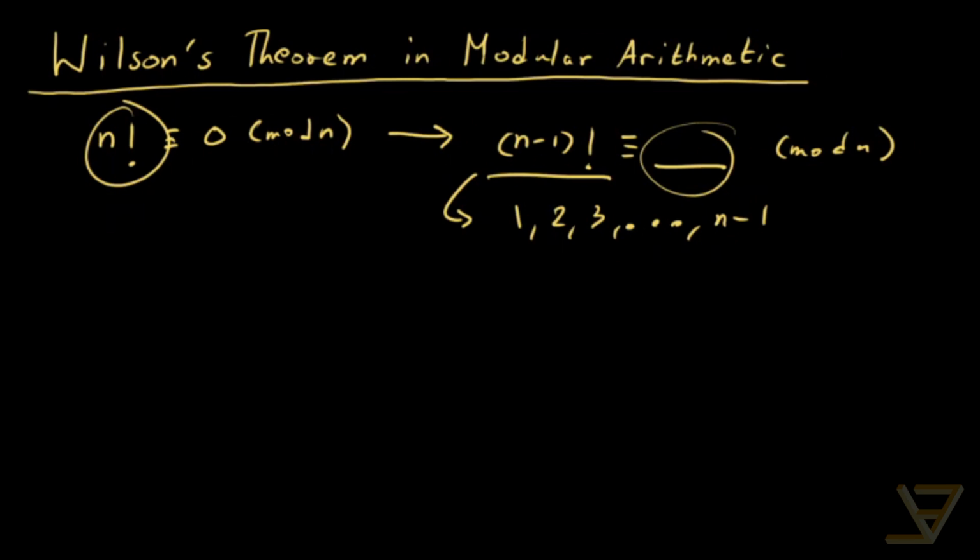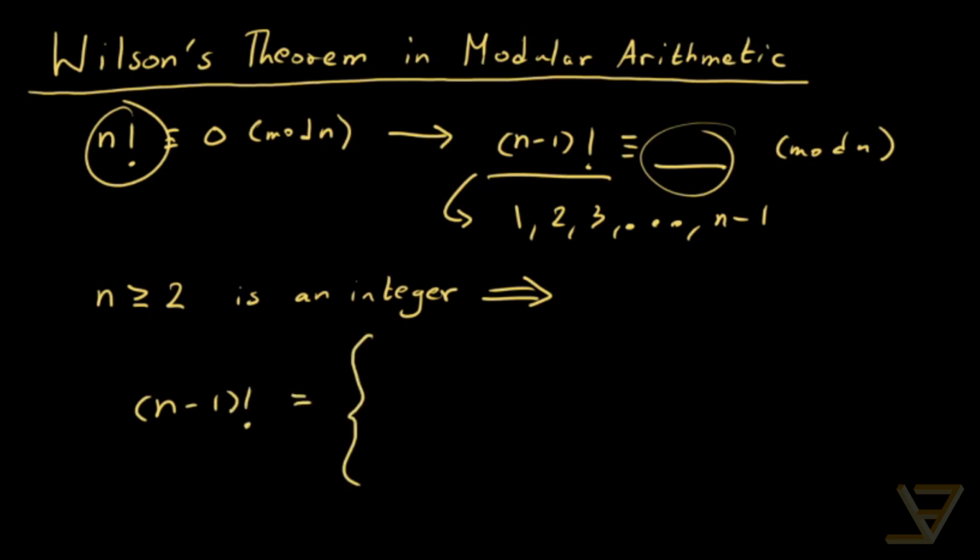In general, what's true is that if n is greater than or equal to 2 and it's an integer, then n minus 1 factorial has several cases, but there is a large degree of regularity to it. So it's negative 1 mod n if n is prime.